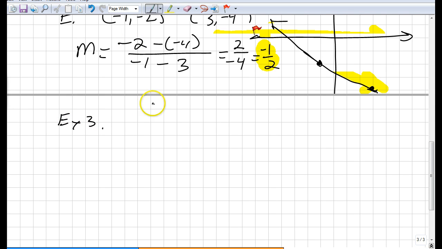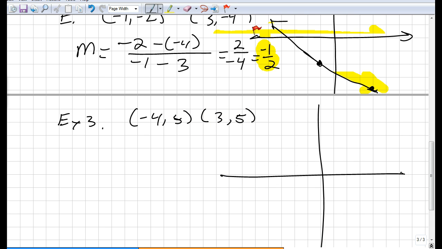Then let's look at example 3. If I have negative 4, 5, and 3, 5, let's graph those and see what they look like. Negative 4, 5, and 3, 5. Notice that this line is a horizontal line. It's a flat line, so it has no steepness. So the slope should be 0.